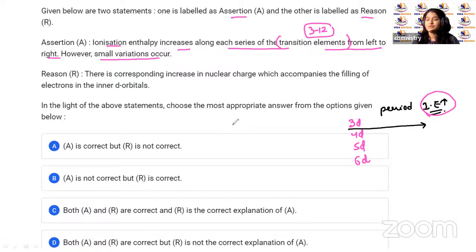And why is that so? That is because in all these series, the d orbitals are gradually getting filled.